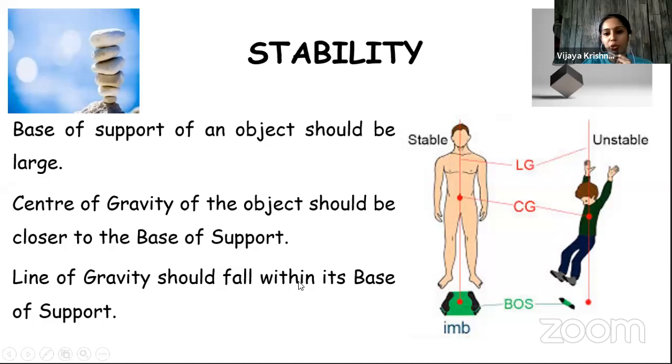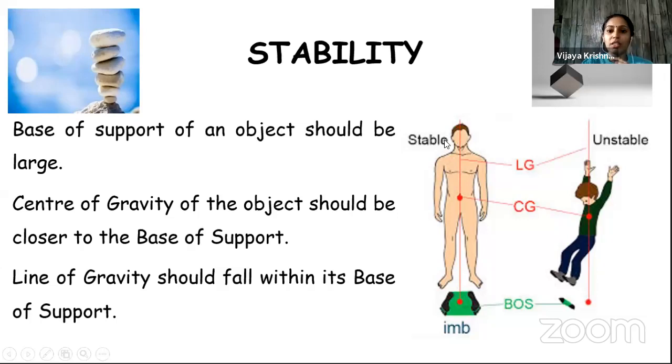Another important rule here is the line of gravity. The line of gravity passes through the center of gravity and should fall within the base of support. If it's falling within the base of support, as you can see, any object in any position can attain stability irrespective of its size and shape.